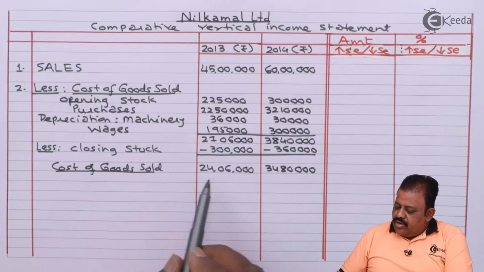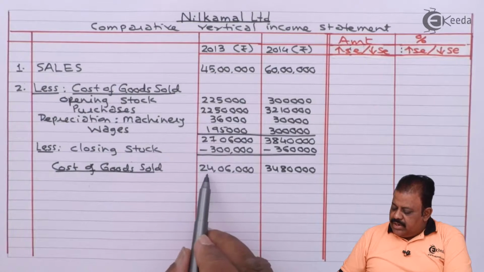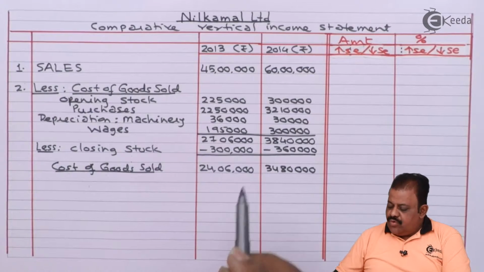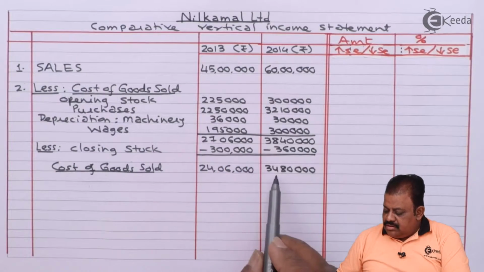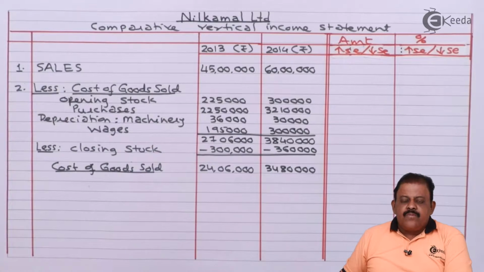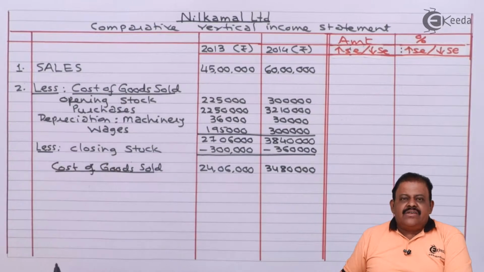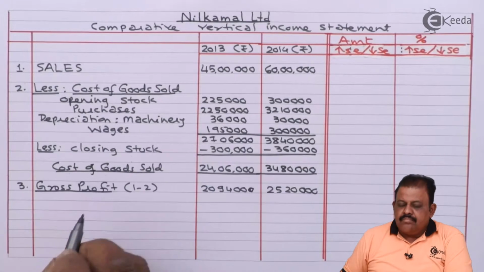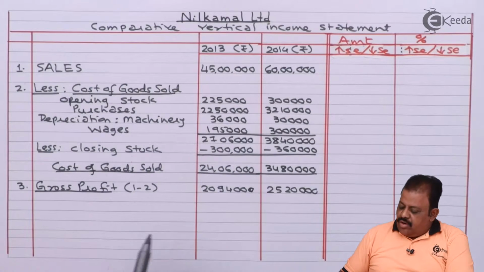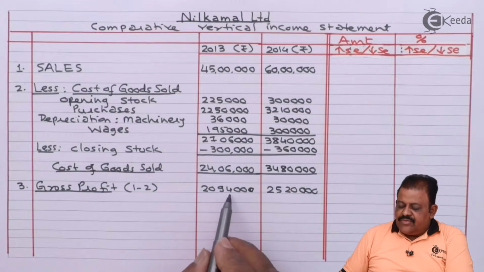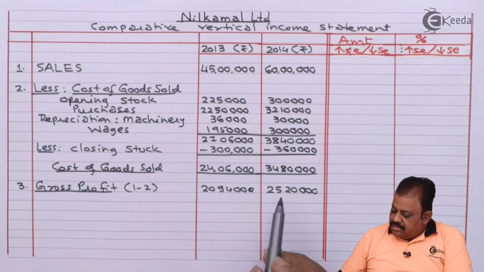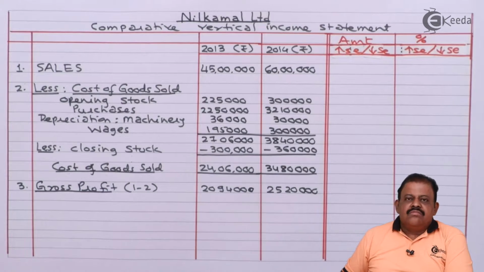Cost of goods sold we got for 2013 24 lakh 6,000, for 2014 34 lakh 80,000. This will be deducted from sales to arrive at gross profit. Gross profit we got 20 lakh 94,000 and 25 lakh 20,000.